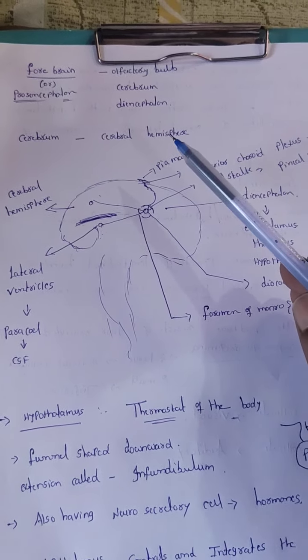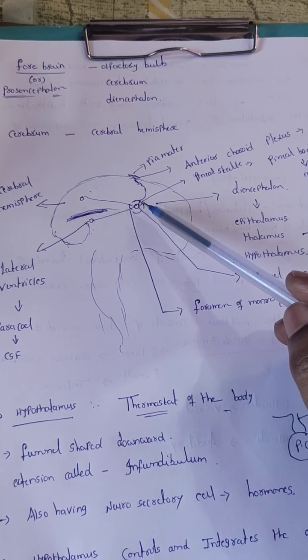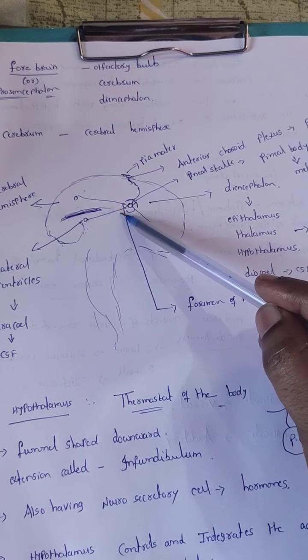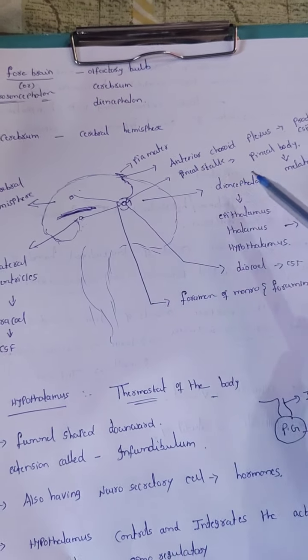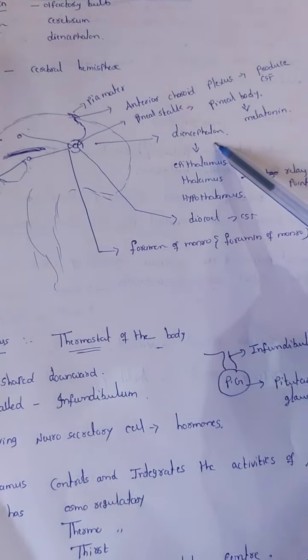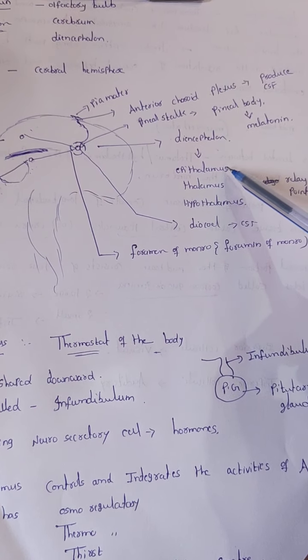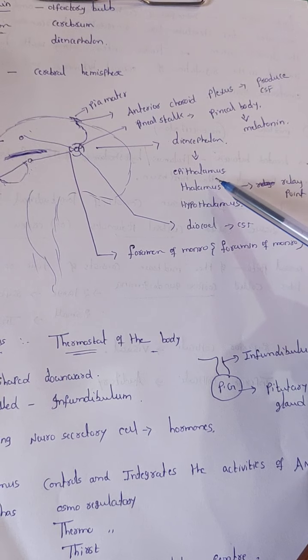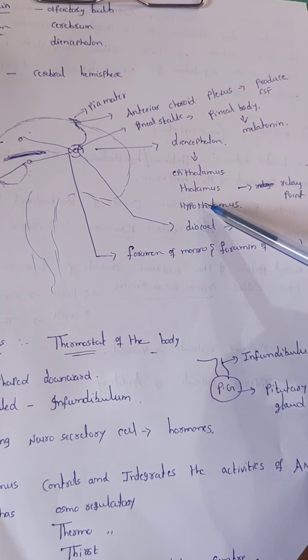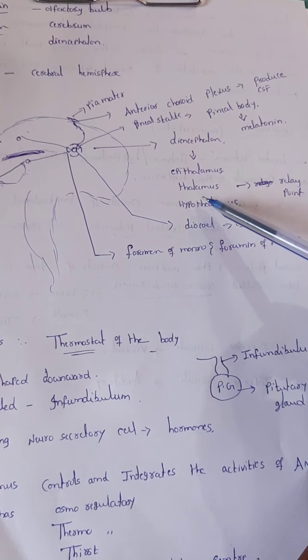The third part of the forebrain is the diencephalon. The diencephalon has three parts: the epithalamus, thalamus and hypothalamus.